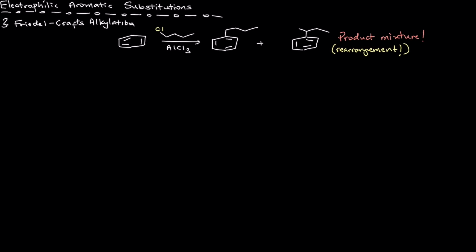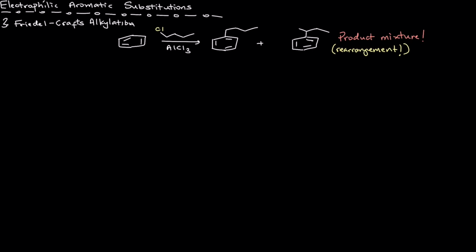So consider this reaction where we have benzene and we wish to treat that with 1-chlorobutane in the presence of aluminum chloride. And maybe we're hoping to get the alkylated product in which an n-butyl group is added to our benzene. But what we actually get is a mixture of two products, one in which you have your butyl substituted at the primary carbon, and the other in which you have your butyl substituted at the secondary carbon.